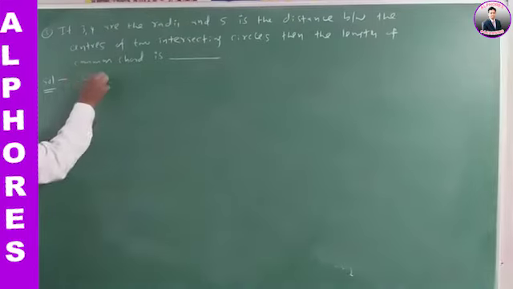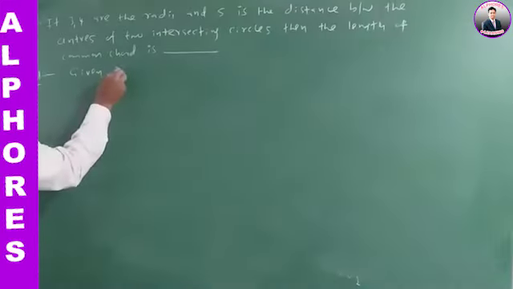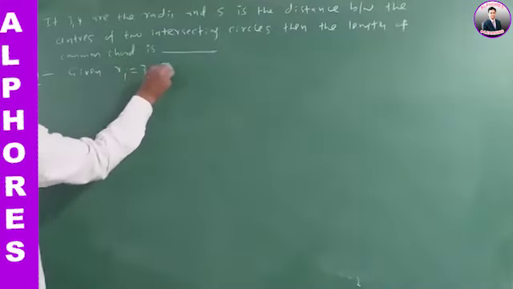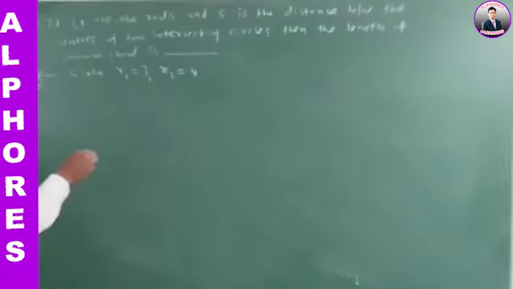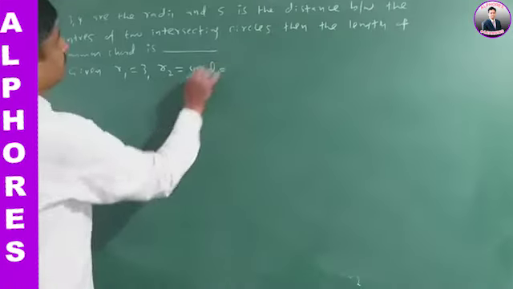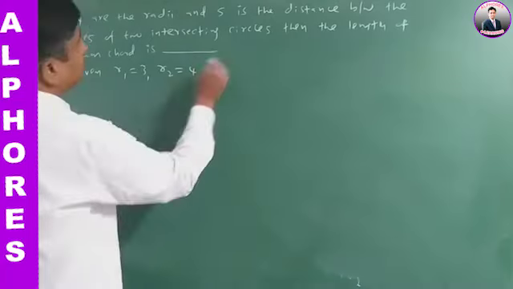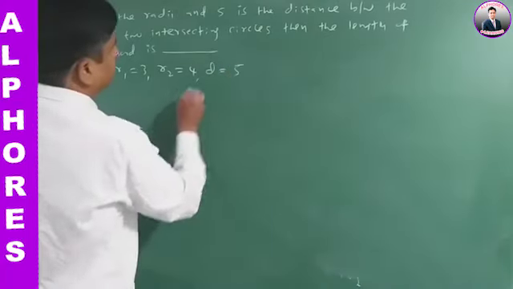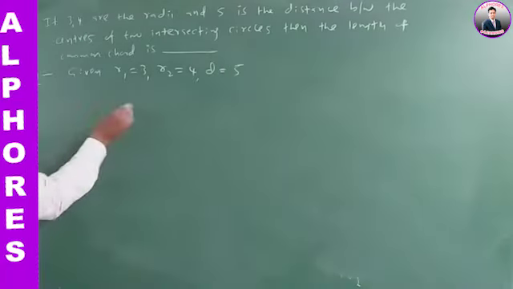Given R1 equal to 3, R2 equal to 4. Here D is the distance between the centers, 5.